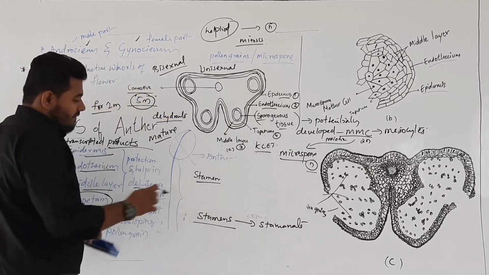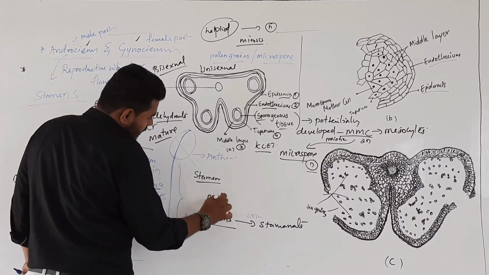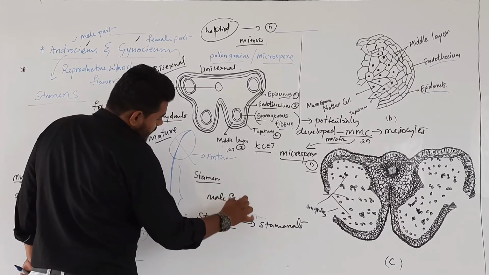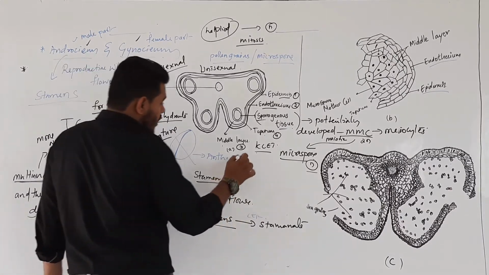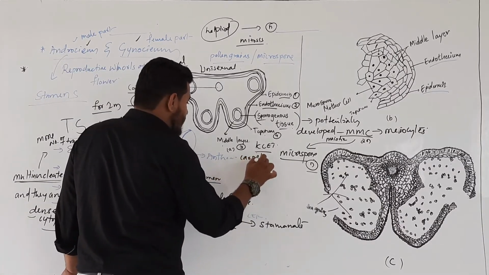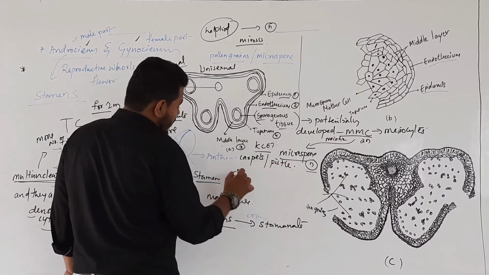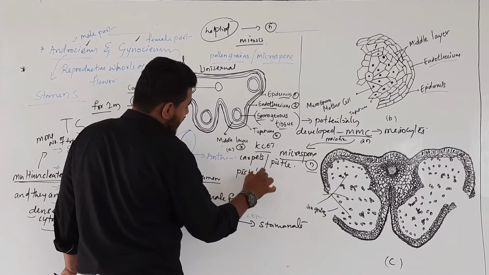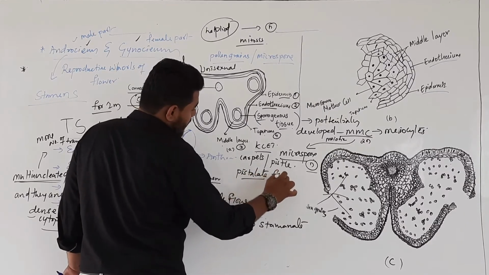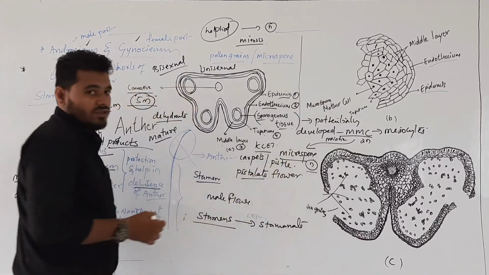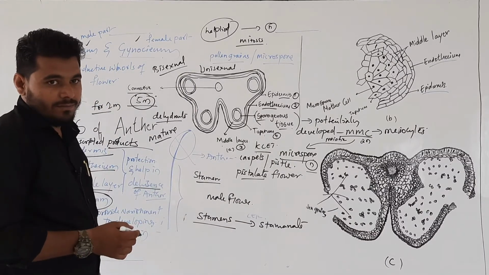So actually that flower is a male flower. If a flower contains only carpels or pistils, that flower is called a pistillate flower, and it is a unisexual female flower.